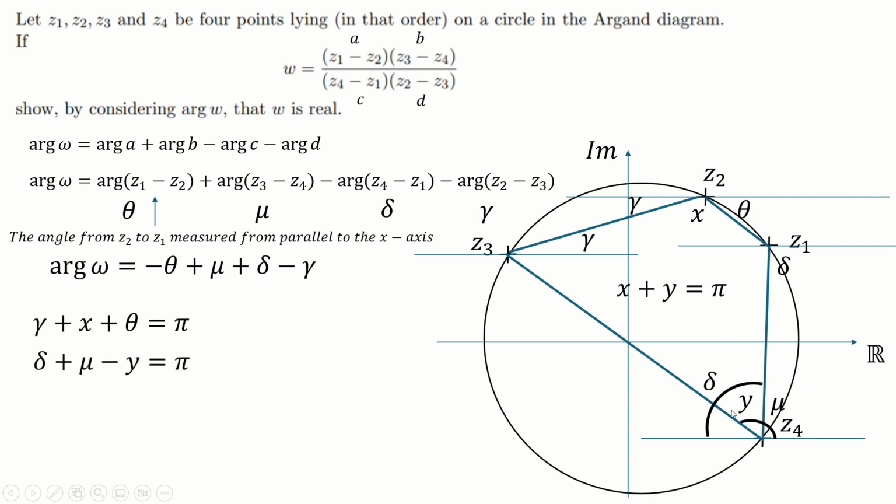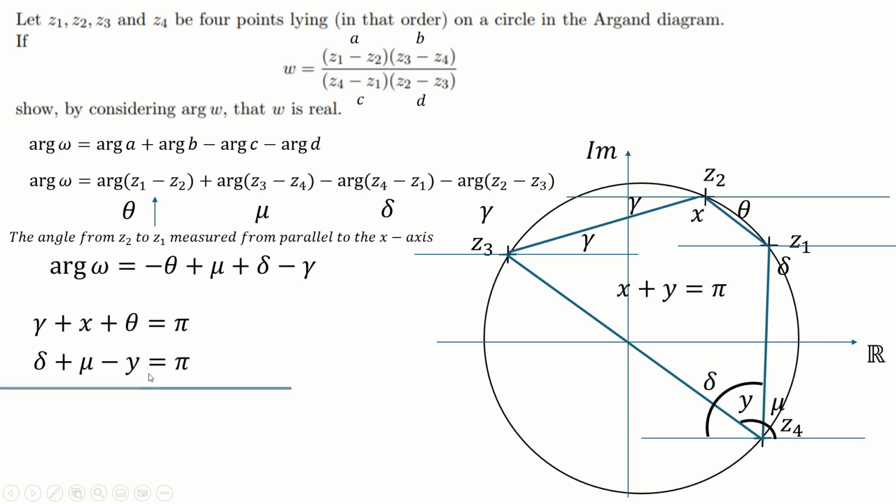But it's not quite right, because delta plus mu overlaps this little section here, because mu is all of that, remember? And delta is all of that. So I'm going to have to take away y, which is why I put that y in there, to cancel those two bits out, and we get delta plus mu minus the double bit, which is precisely y, equals pi.